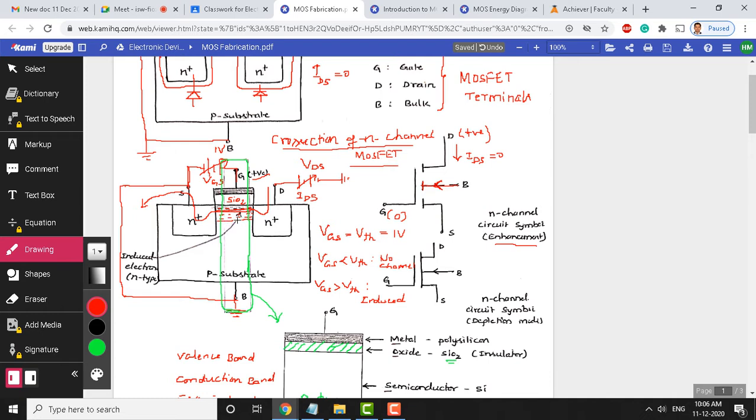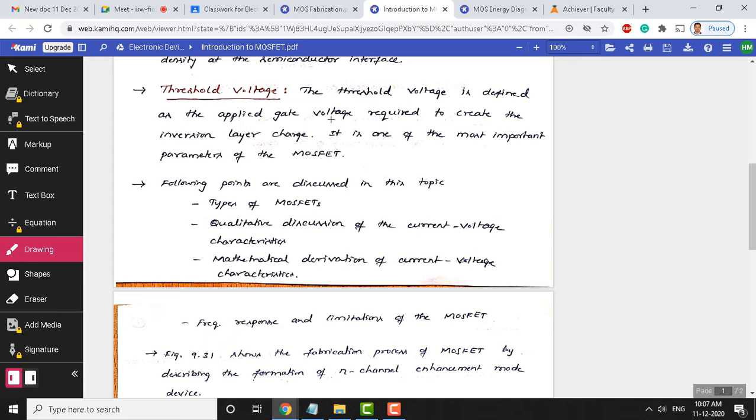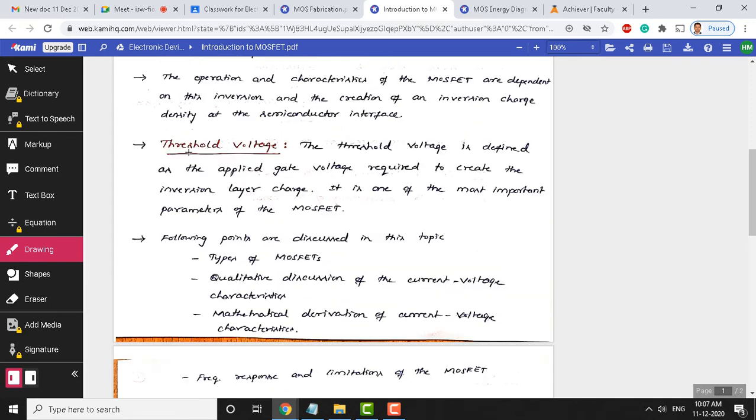The N type region keeps growing, and there will be a strong path between the source and the drain region. So, that is the definition of the threshold voltage. You can go through this definition here. The threshold voltage is defined as the applied gate voltage required to create the inversion layer charge, or nothing but the induced channel.